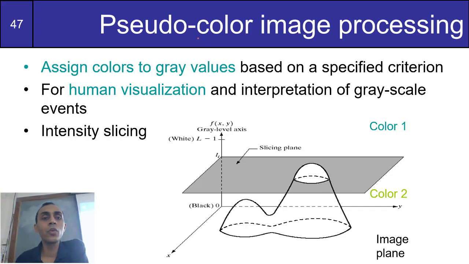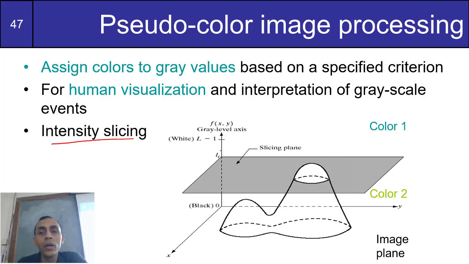To generate a pseudo color image, we can do simple operations. One of them is intensity slicing, which we have already discussed. Let us say we have a grayscale image with intensity values from 0 to maximum level L minus 1.